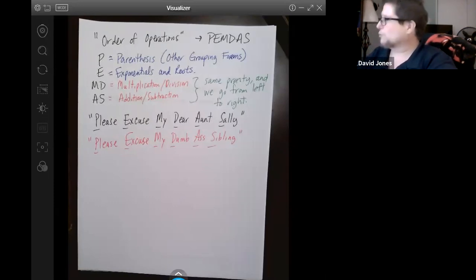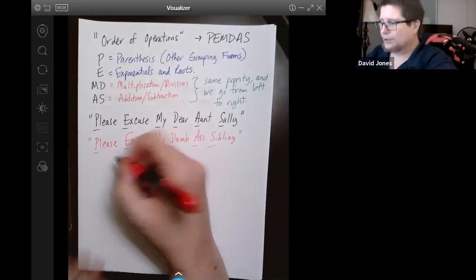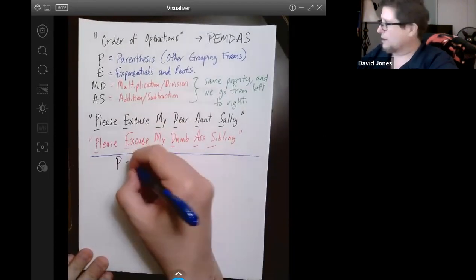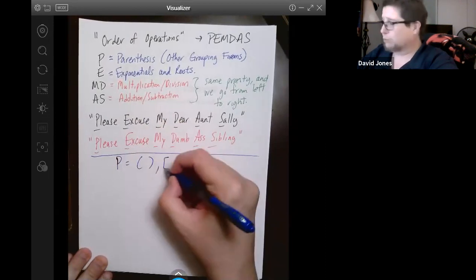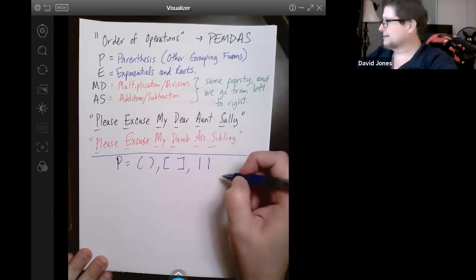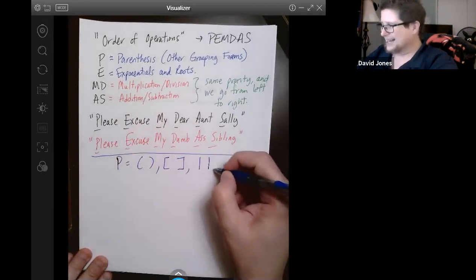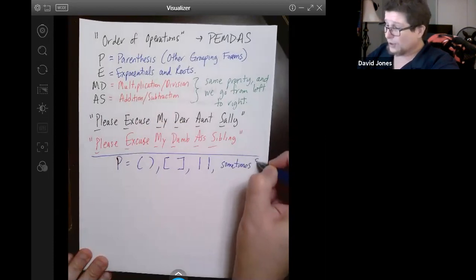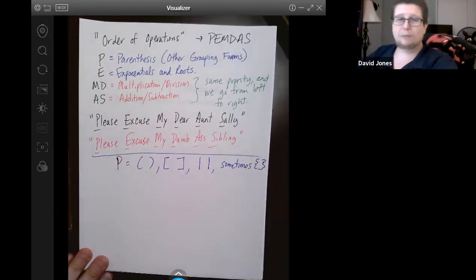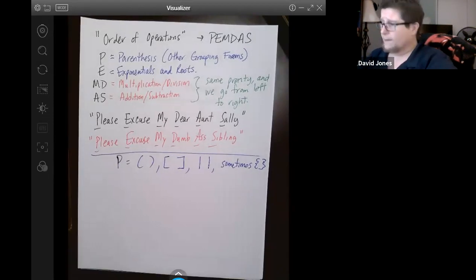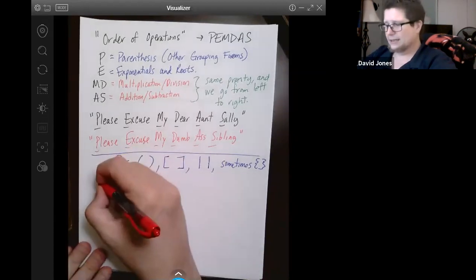When I said parentheses, grouping symbols, we've got parentheses, brackets, absolute value signs. Sometimes the curly braces, but we try to avoid the curly braces because they mean set notation. And these can be nested.